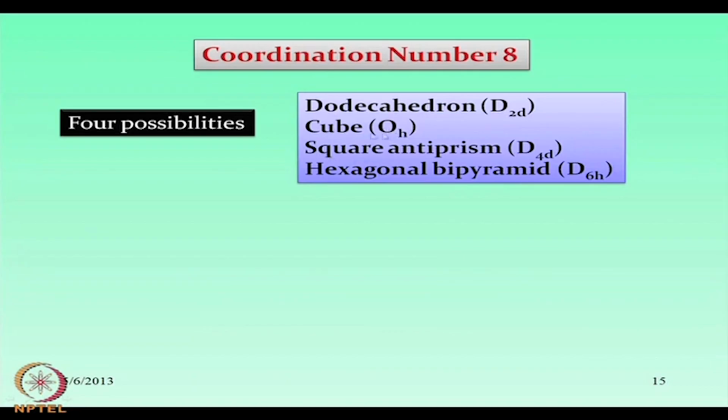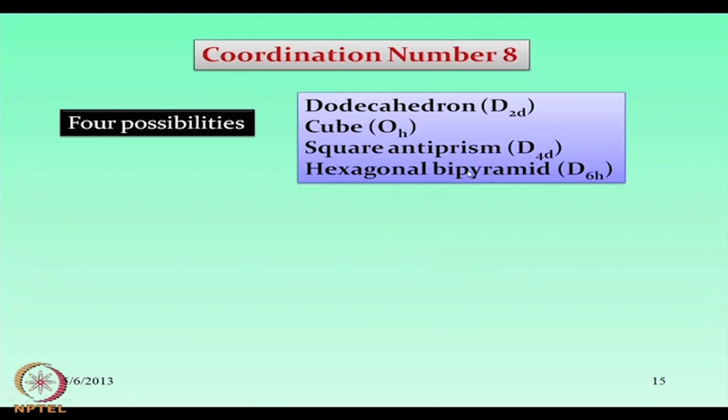Then the cube is the square prism, like that we are relating the octahedron with the trigonal prismatic structure. But if we go for a square antiprism structure, the symmetry level will be changed from OH to D4D. Then we have the dodecahedron geometry, which has a D2D level, and the hexagonal bipyramid like that of our pentagonal bipyramid.